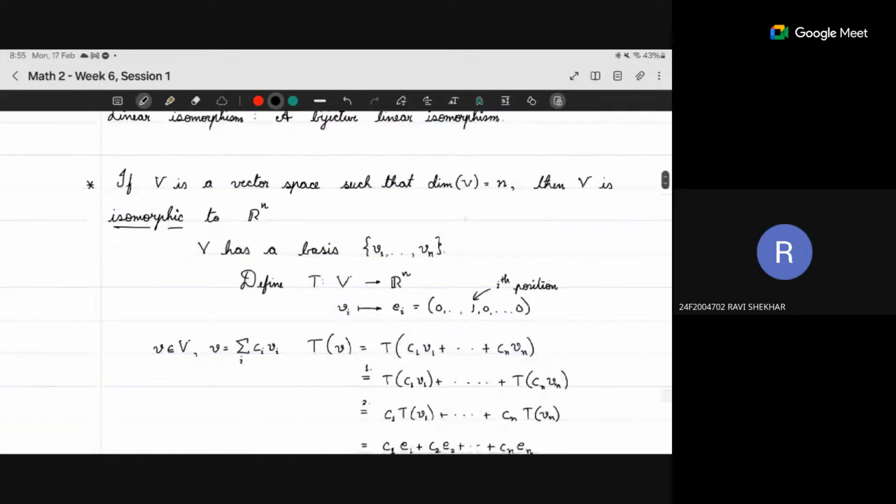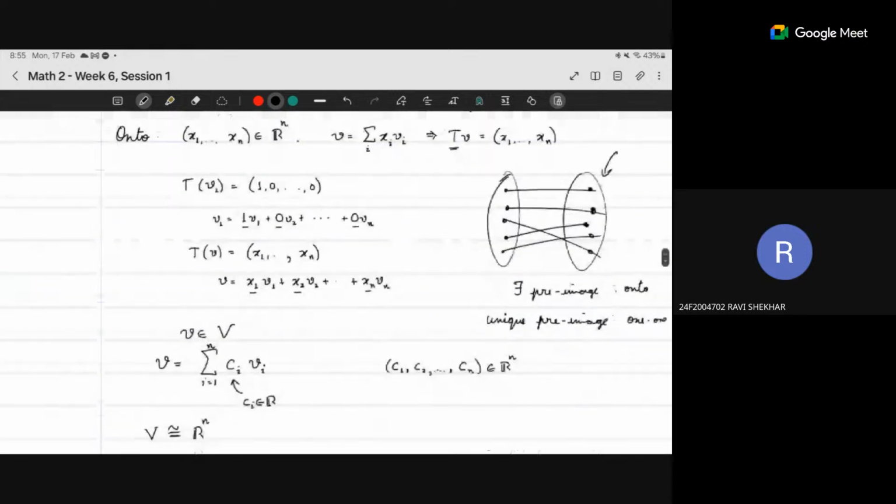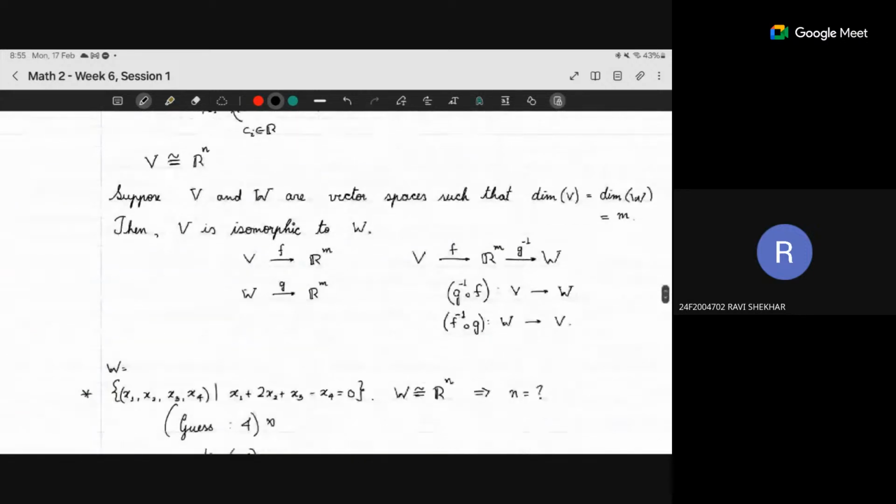I can write this in a shorter fashion as V is always isomorphic to R to the dimension of V. Isomorphism means the dimensions have to be the same. If the two dimensions are the same, then they have to be isomorphic to each other, and if they are isomorphic to each other, then the dimension has to be the same.